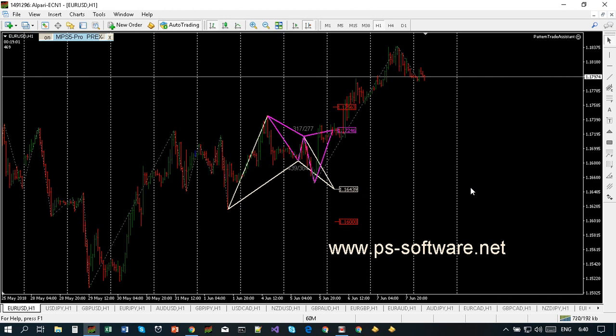Another reason, reason number 3, is that the majority of patterns were discovered using an algorithm. If you take the butterfly pattern, it was discovered by Bryce Gilmore. I mean, not the exact ratios of 786 and 127 reversal points that you can find in Scott Carney's books, with AB equals CD also complementing this completion point.